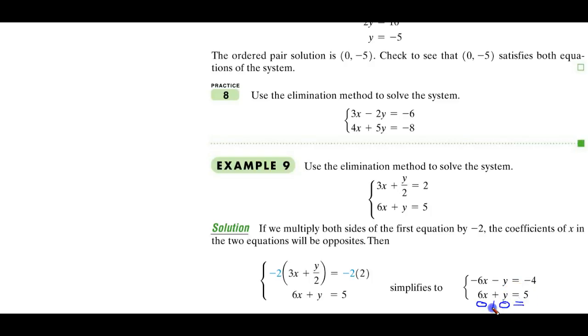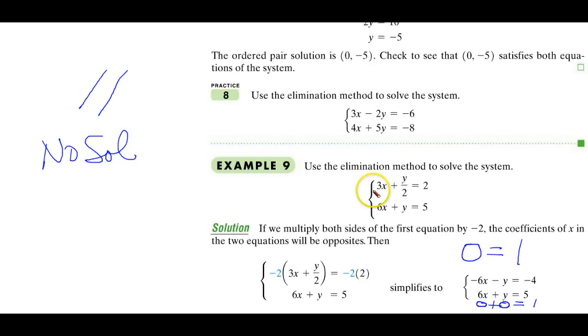And when I add this up, this is a 1. Now, does 0 equal 1? And the answer is no, this is not true. When algebraically you do something and you get a not true statement, this indicates that the original lines were parallel. So there is no solution.